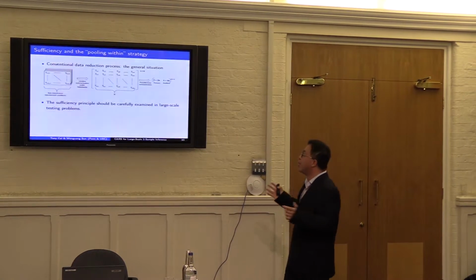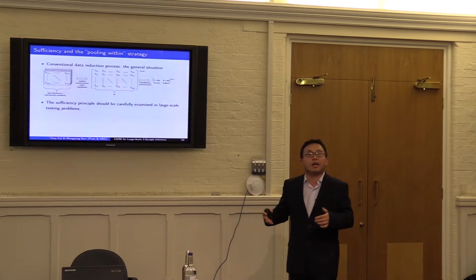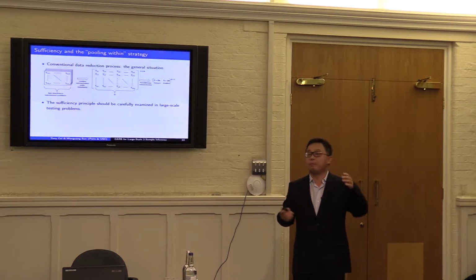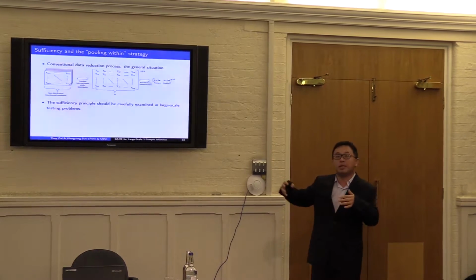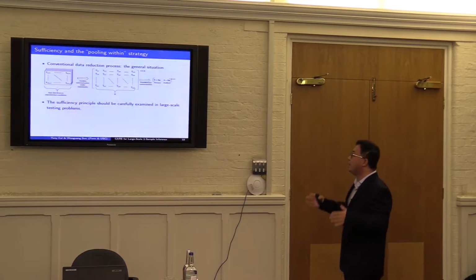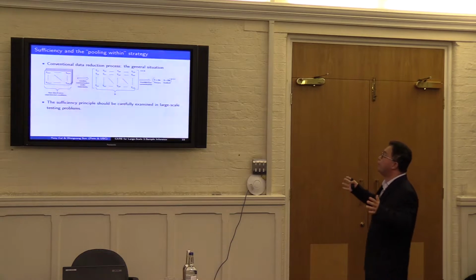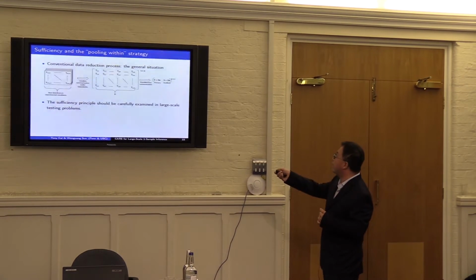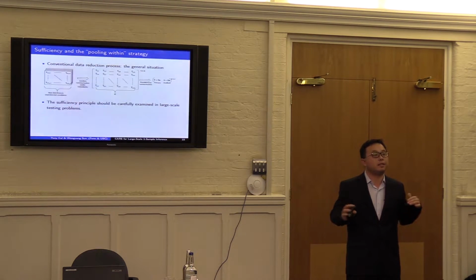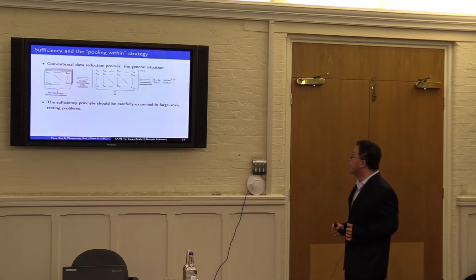So you can imagine that we have collected repeated measurements on multiple variables across multiple conditions, and then you have this three-dimensional array. Then the first step of data summarization is to take the sample averages. Then we end up with this data matrix D that contains the sample means.